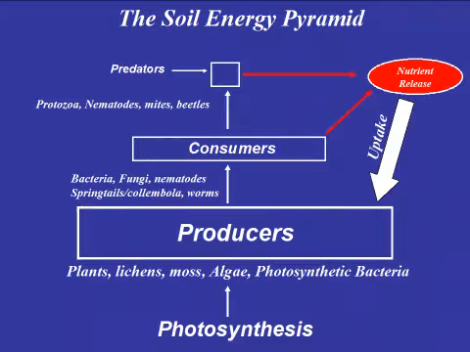Now the predators and the consumers are important because they'll take the plant material, the lichens, and the moss, they'll eat them, or they'll eat what's eating them, and digest them. And in the process, that releases nutrients for those plants to then take up. So you kind of see the cyclical nature of this thing.